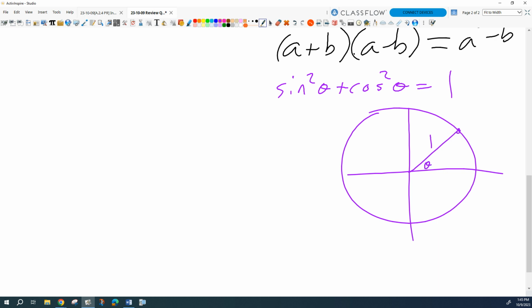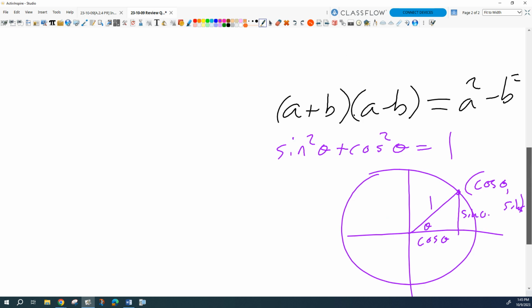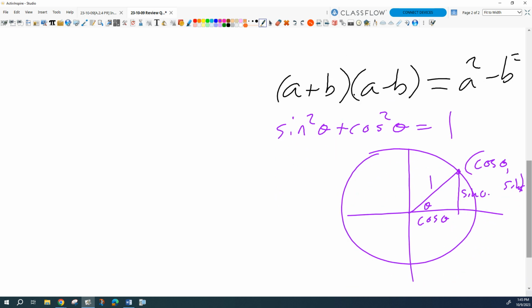If that's theta, my coordinates are cosine theta, sine theta. So I make a right triangle that looks like that. Well, a squared plus b squared equals c squared, right? So sine squared theta plus cosine squared theta equals 1. If I subtract sine squared, I get cosine squared equals 1 minus sine squared. If I subtract cosine squared, I get 1 minus cosine squared equals sine squared, right?